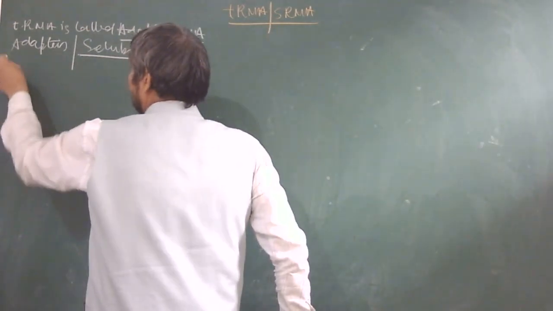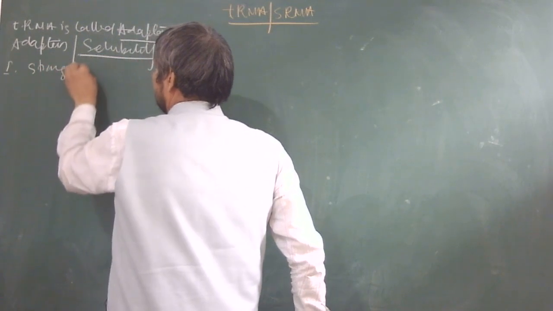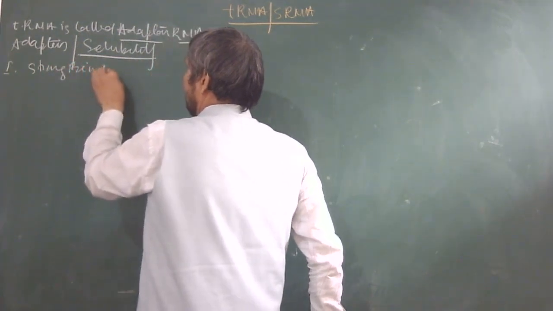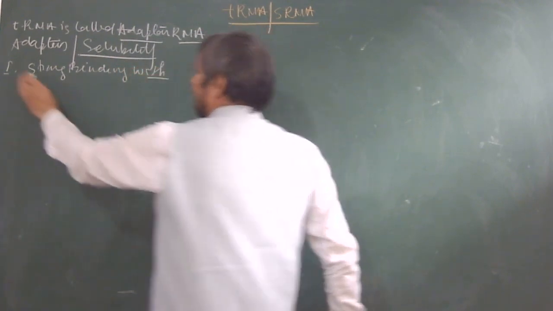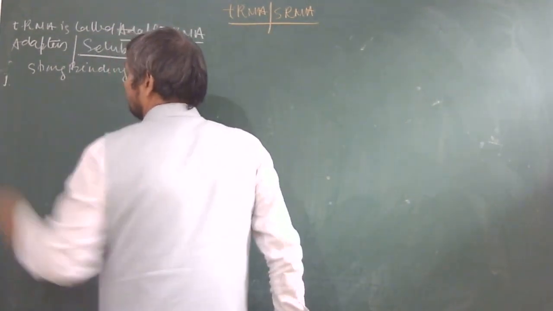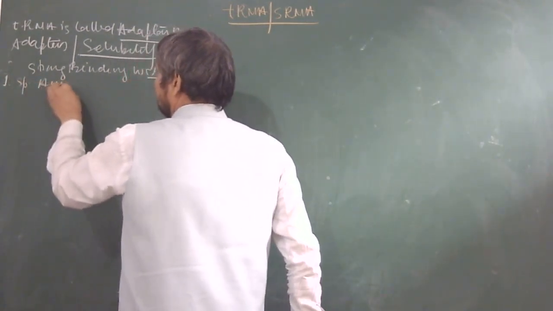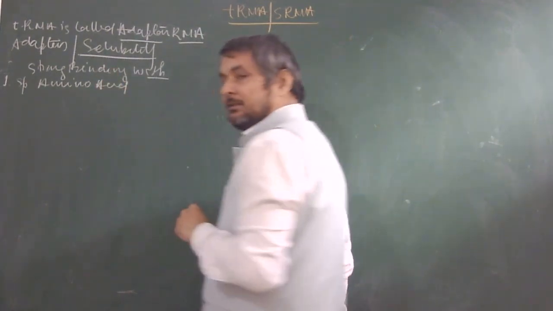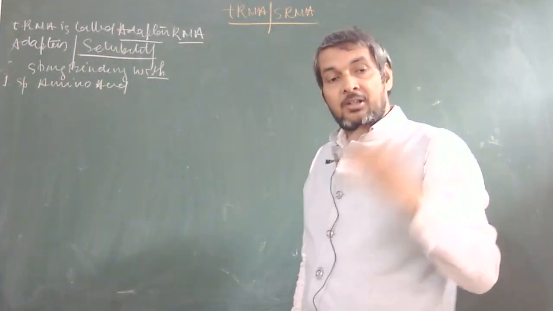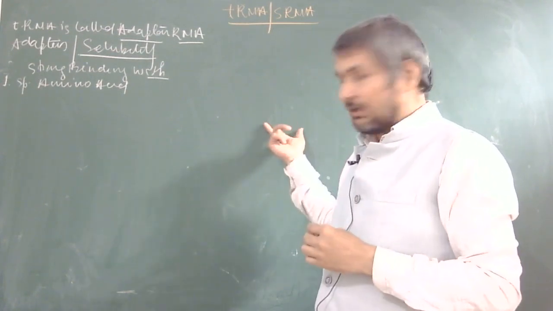Number one, strong binding: they bind with a specific amino acid. The transfer RNA has a strong binding end, the third end, which I will explain very soon.